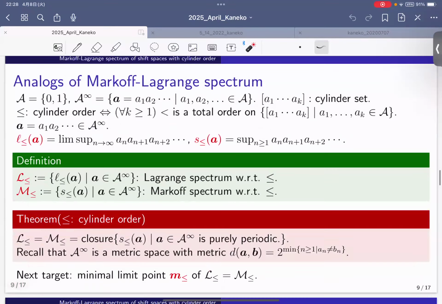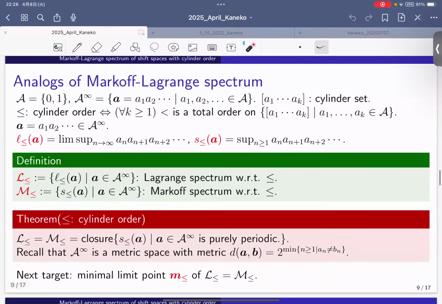So in the next slide, I would like to define the analogy of the Lagrange spectrum and the Markov spectrum with respect to this order.